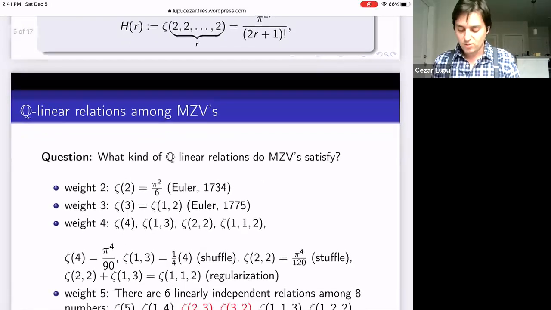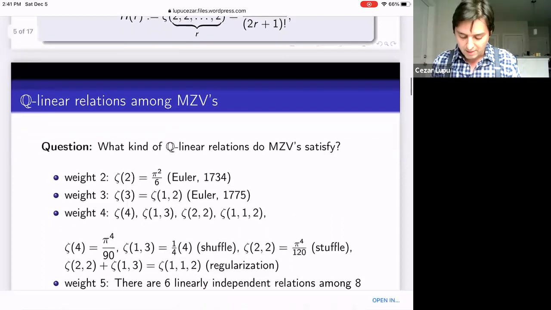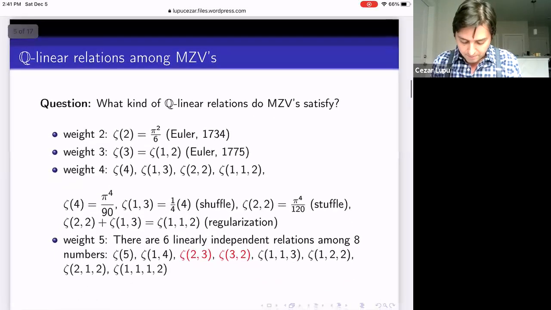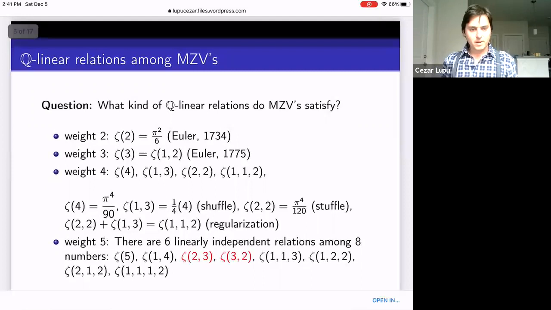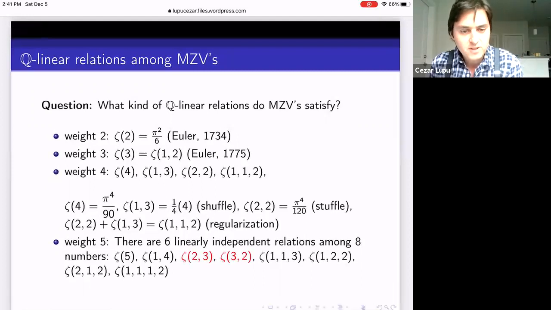You see, in weight 5, the situation gets a little bit more complicated. And we'll explain this immediately. In weight 5, there are 6 linearly independent relations among these 8 multiple zeta values, as you can see. So you have zeta of 5, zeta of 1, 4, and these 2 numbers in red, zeta of 2, 3 and zeta of 3, 2.